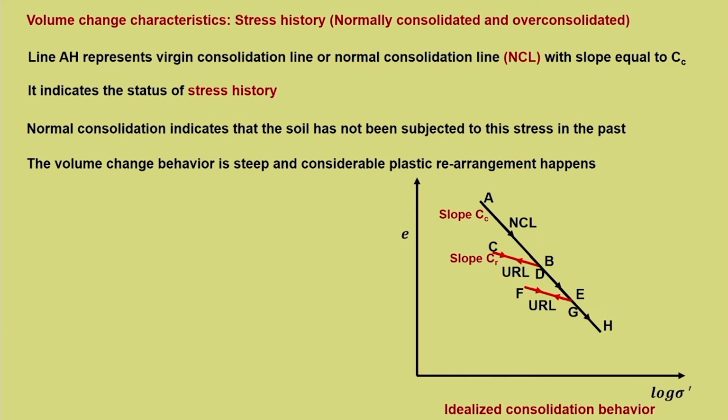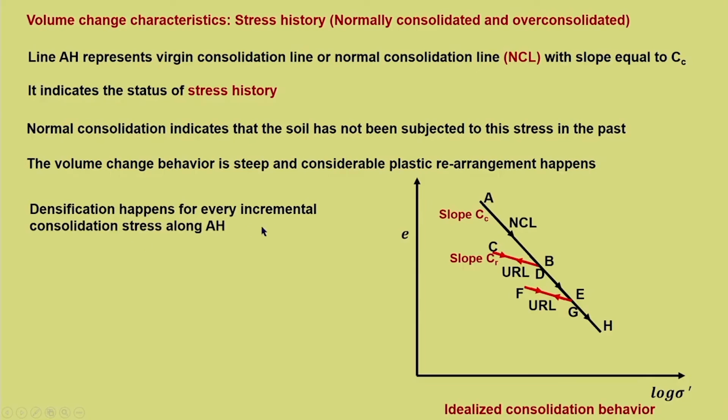When it is overloaded before, it will have better stiffness, and this is a very important philosophy. When you experience more stress in the past, it makes you more strong. It is the same philosophy that the soil also exhibits. So, when it is experiencing for the first time, it will have less resilience to it, and that is why it undergoes a very high plastic rearrangement.